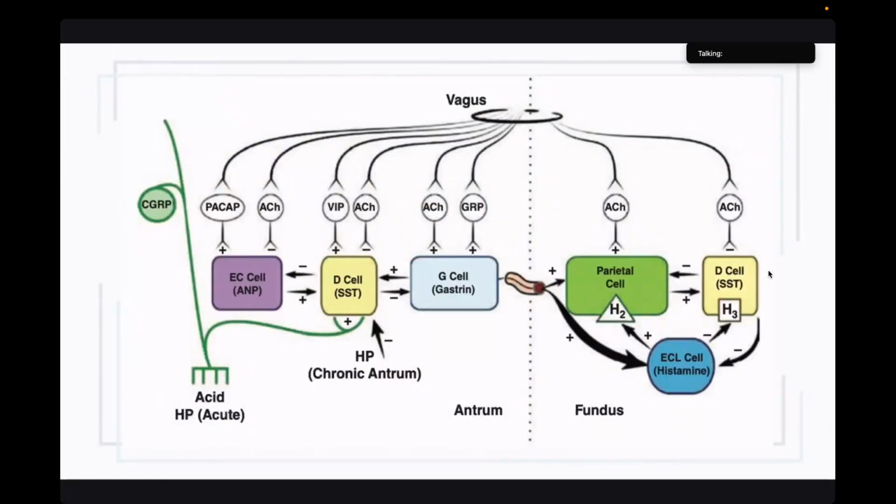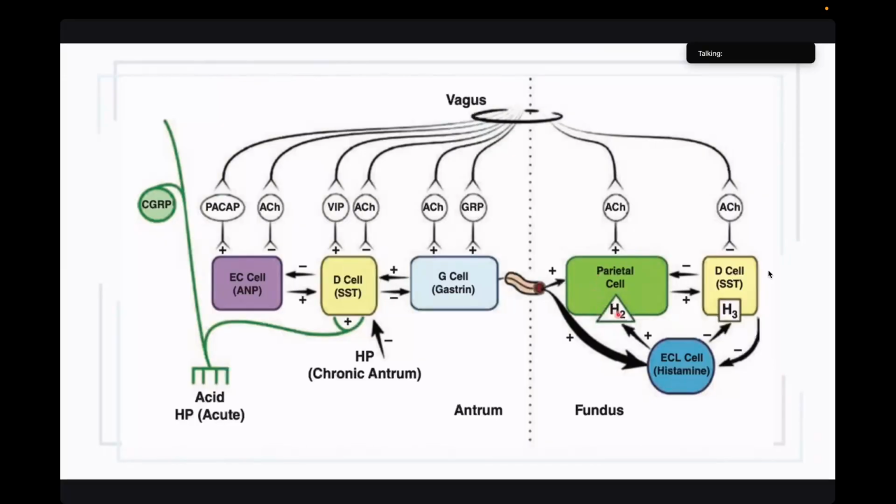Aside from the proton pumps in the parietal cells, acid secretion is also regulated by nerves, hormones, and other local cells. The vagus nerve sends signals via acetylcholine, VIP, or GRP to promote acid secretion. Again, the parietal cells are the most important, and it is directly stimulated by acetylcholine.